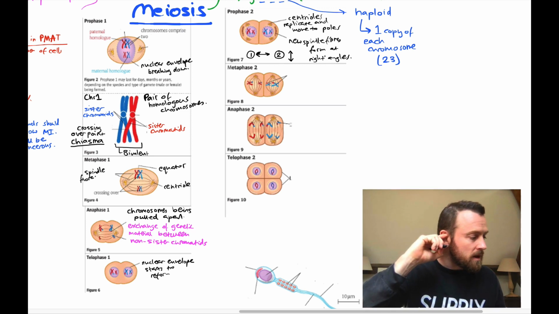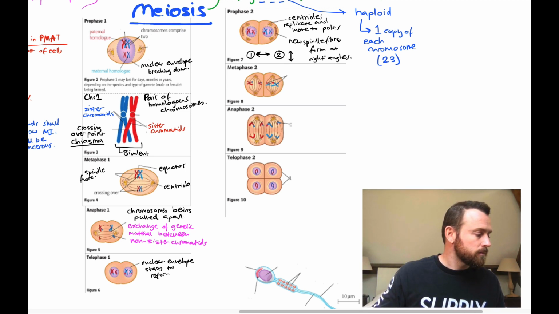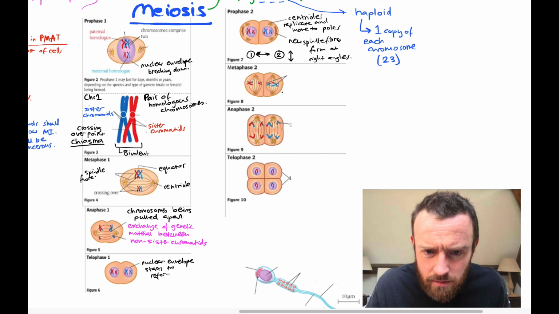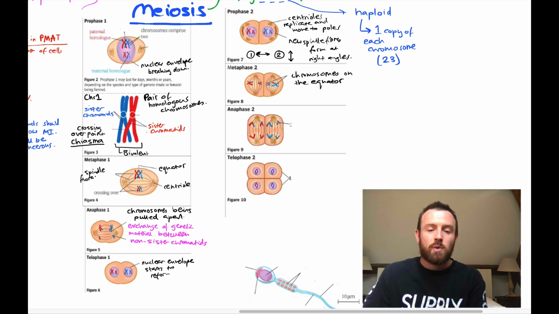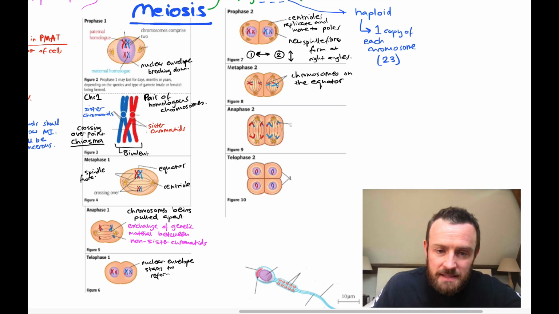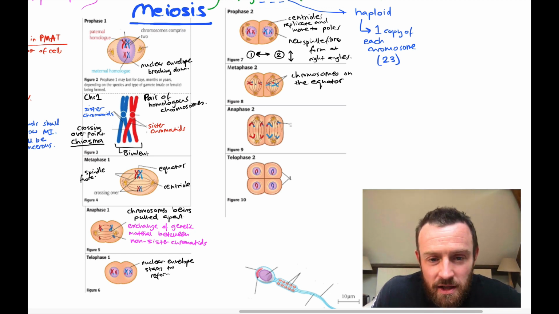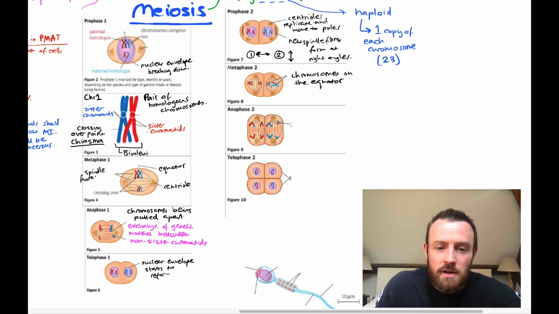Okay, metaphase 2. Here we have chromosomes on the equator. So this is very similar. In fact, it is the same as what happens in mitosis. The chromosome lines up on the equator. Notice though that some of those chromosomes, they're not all one color because we've had crossing over.